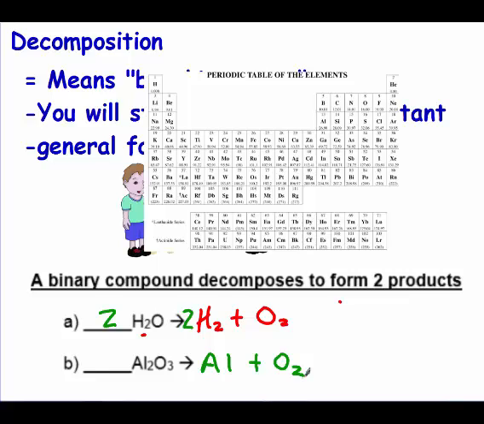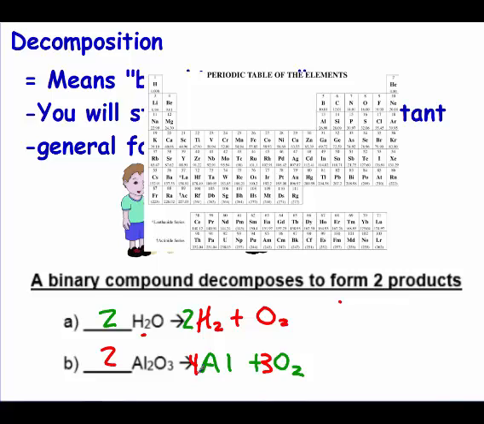So this is our skeleton equation, and then we look at it and say I've got 2 oxygen and 3 oxygens. I can't get the products to become 3, so I need the lowest common multiple. So I can put a 2 here and a 3 there, so both sides have 6. And then my aluminums, I've got 4, so I need a 4 here.